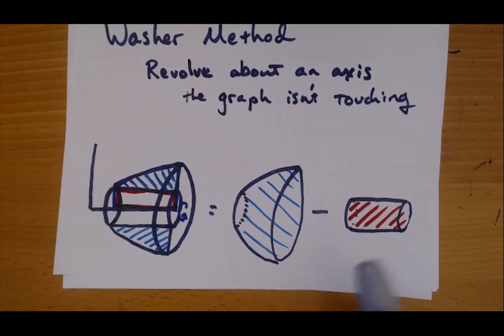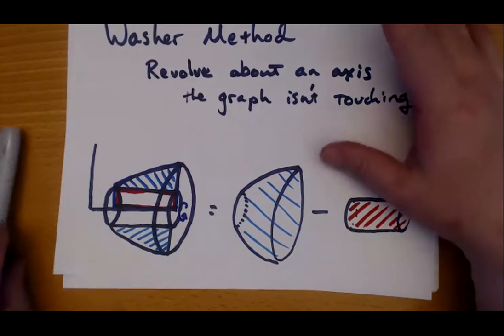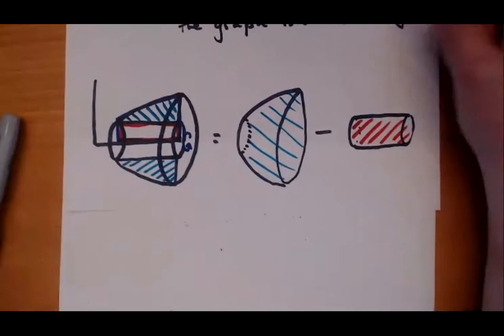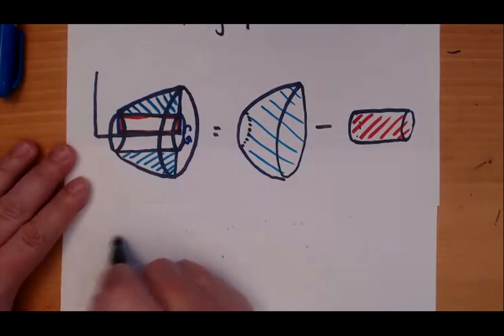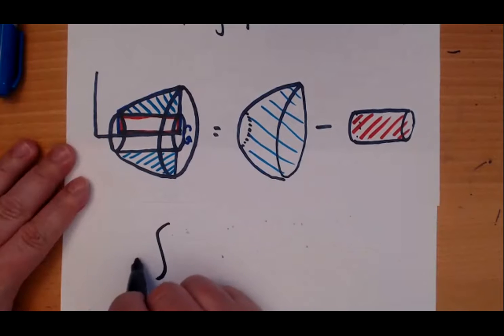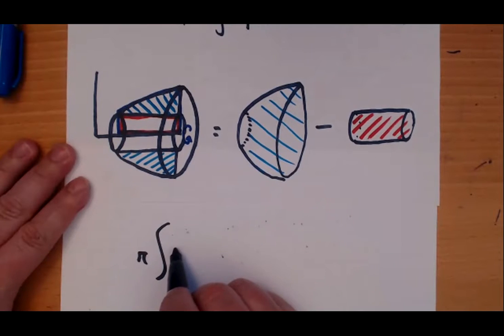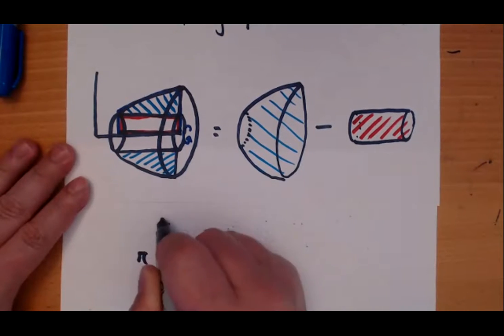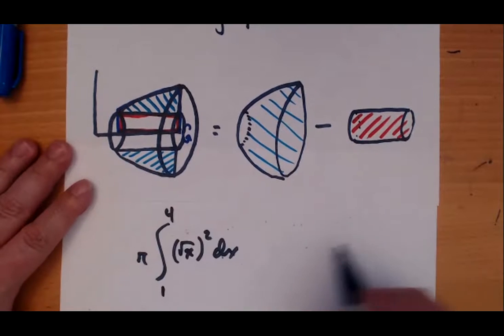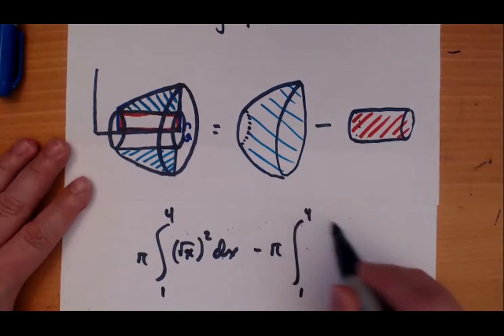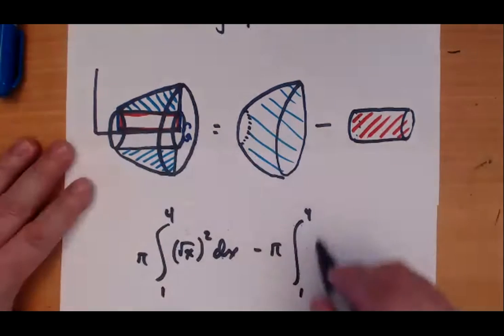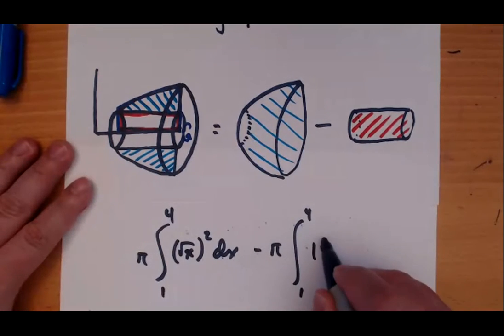Other times it's easiest to combine them, meaning that if I was to actually do this problem, it would be the integral of the square root of x, squared, from 1 to 4, minus the integral from 1 to 4 of the core, which was just y equals 1.